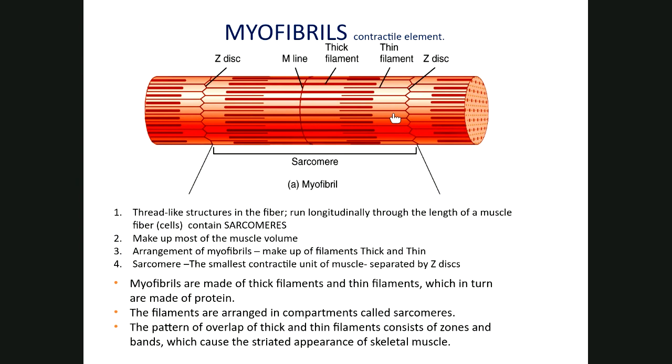From Z-disc to Z-disc, that's considered one sarcomere, and then the next sarcomere would be from this Z-disc to the one out here. The myofibrils have this pattern of overlap between thick and thin filaments, and that's what gives the skeletal muscle the striated pattern that we see, the thin filaments here and the thick filaments here.